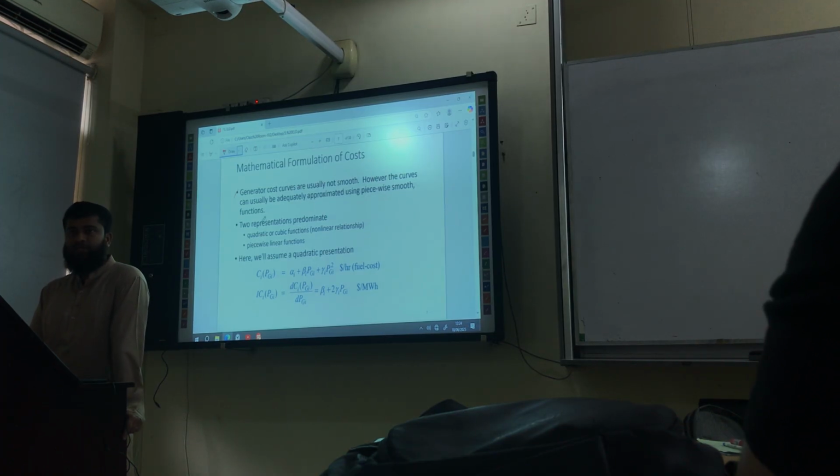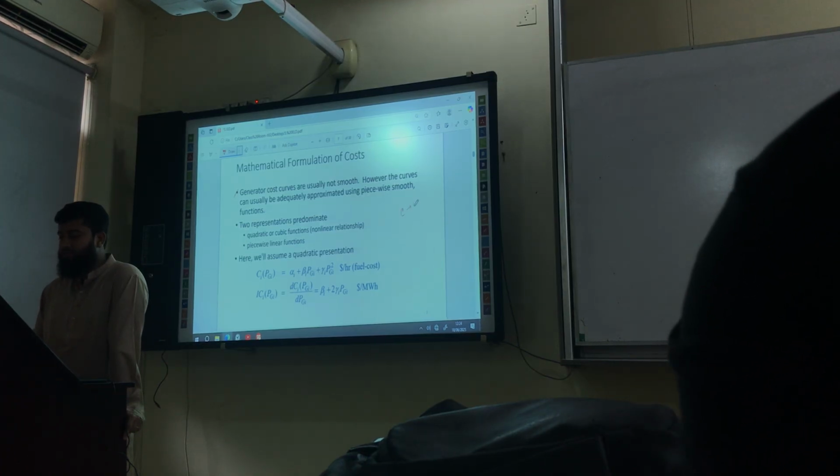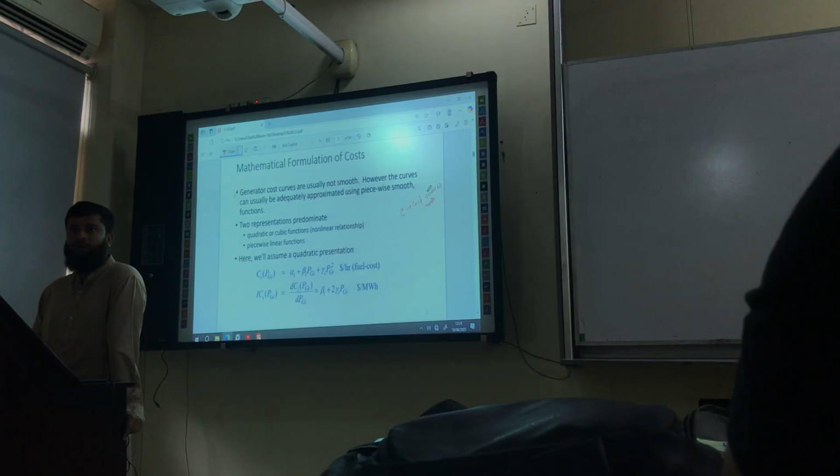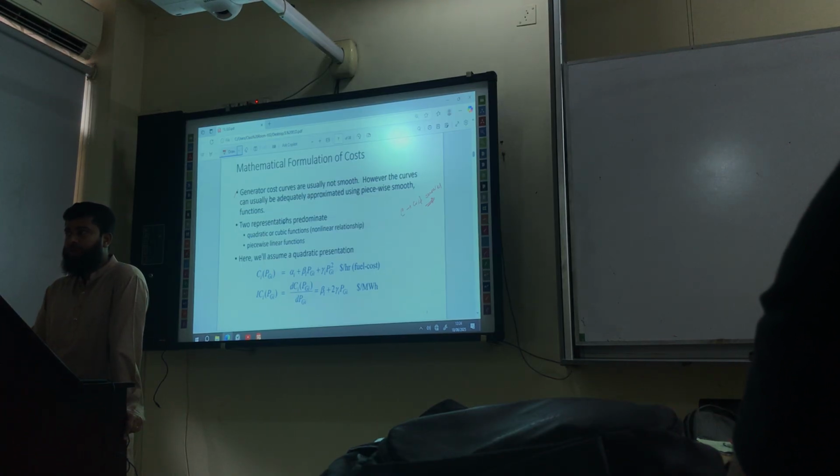That means for this cost curve C, there is no fixed formulation. In different literatures or research papers, you will see different cost curves. But there are 2 representations for cost curves that predominate in the literature.